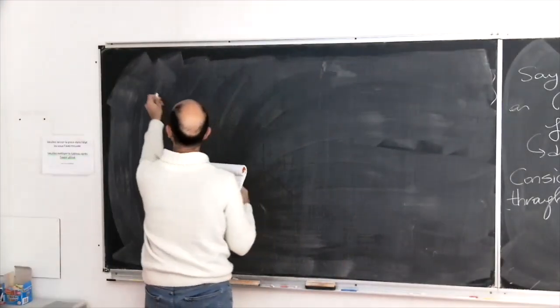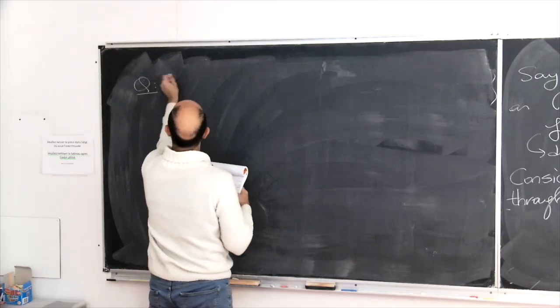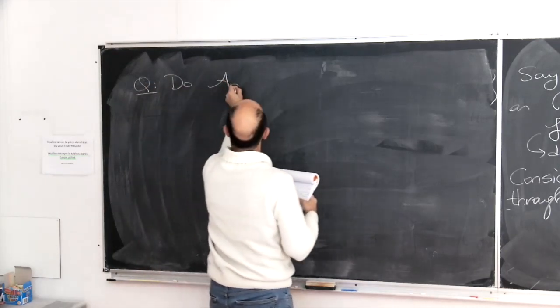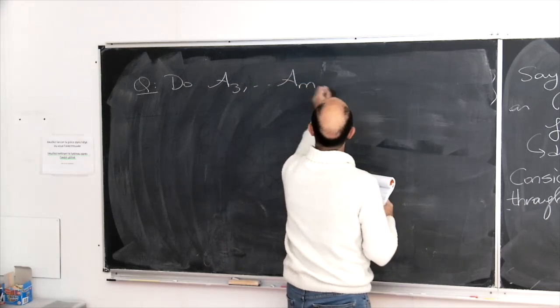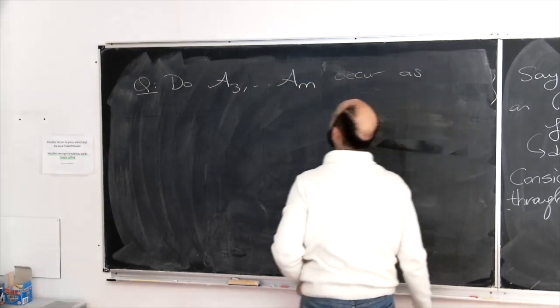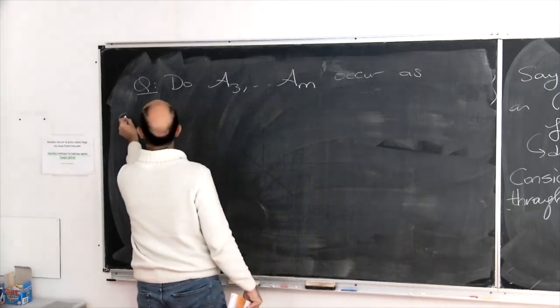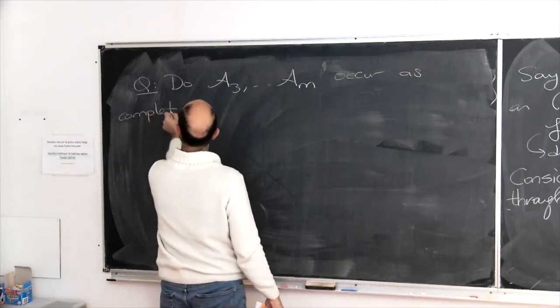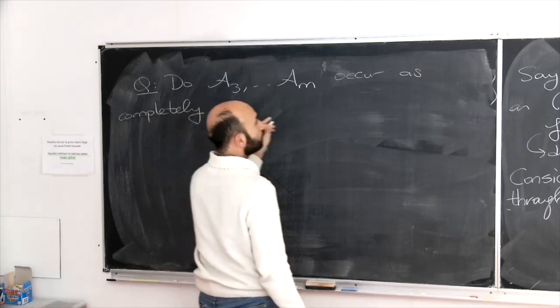So the question is, do A3 up to Am occur as completely reducible fibers of this pencil?